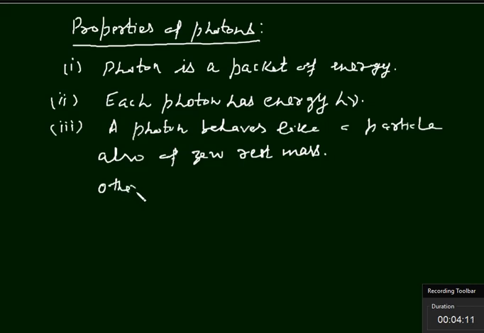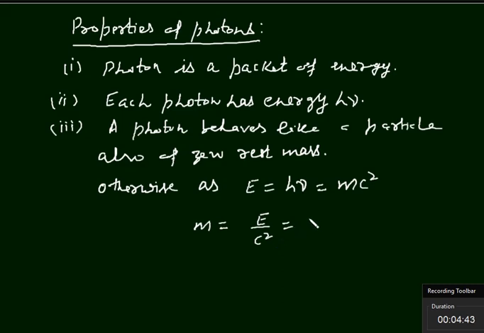Otherwise, as E is equal to h nu, and this is also equal to mc square, where m is mass of the photon, its rest mass is 0, but otherwise its mass is given by E upon c square, h nu upon c square.